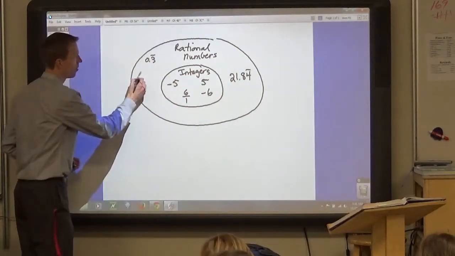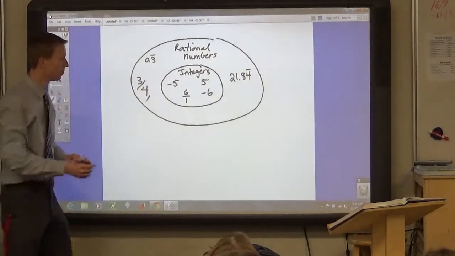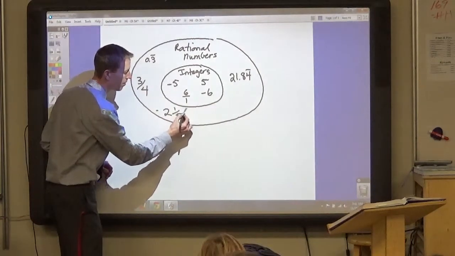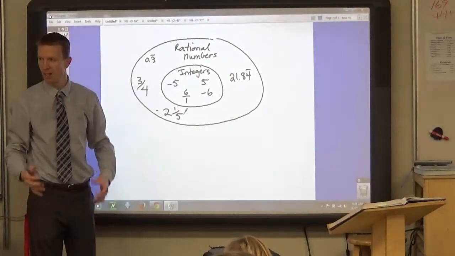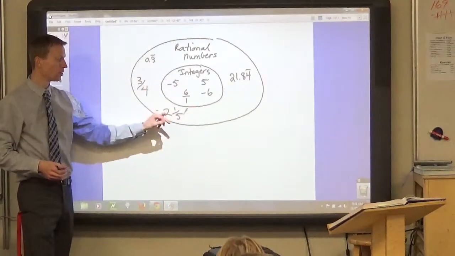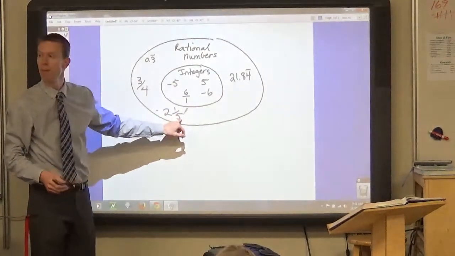Okay? 3/4 is not an integer because it's not a whole number. -2 1/5 is not an integer because it's not a whole number. Okay? But this is -2 1/5. Okay, so it's a mixed number.